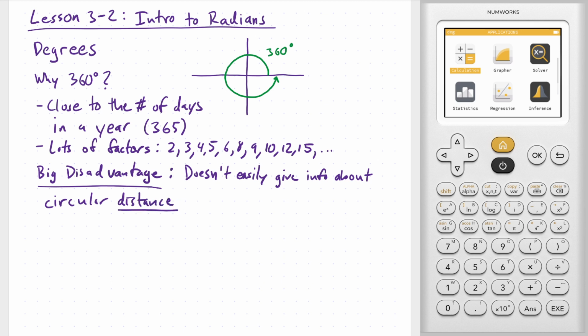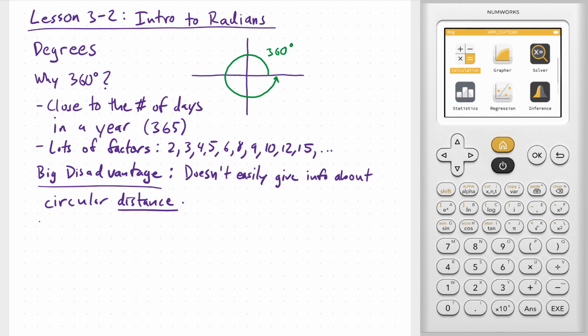Okay. So when we're dealing with degrees, it makes it easy to divide a circle into equal parts that all have a whole number of degrees, but it doesn't easily give us information or a tool for computation about circular distance. And the fact is, if we want to describe circular motion, we need to find circular distance.